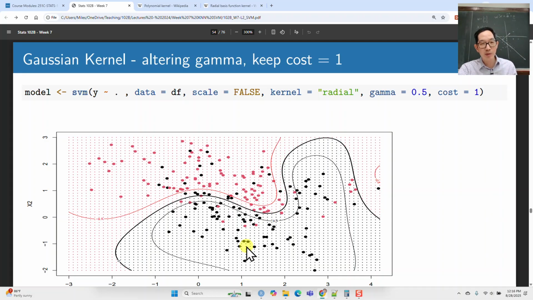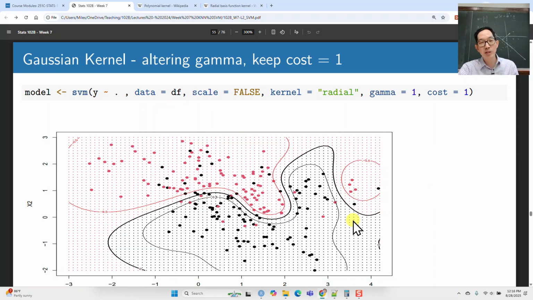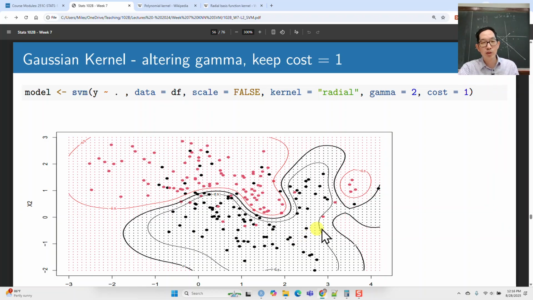I'm going to increase the gamma even more. You can see the turns get tighter. Gamma 1, okay? And so this seems to be doing an okay job of separating the red from black, okay? Gamma 2, now our turns get even tighter, and it's trying to accommodate this set of points out there.